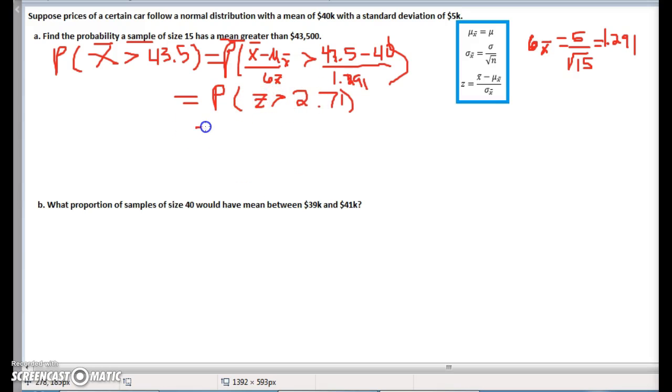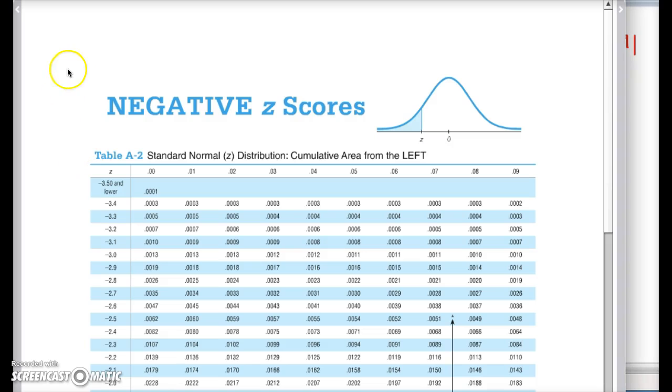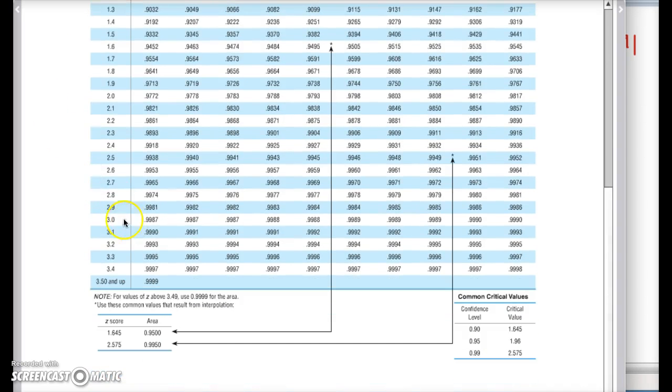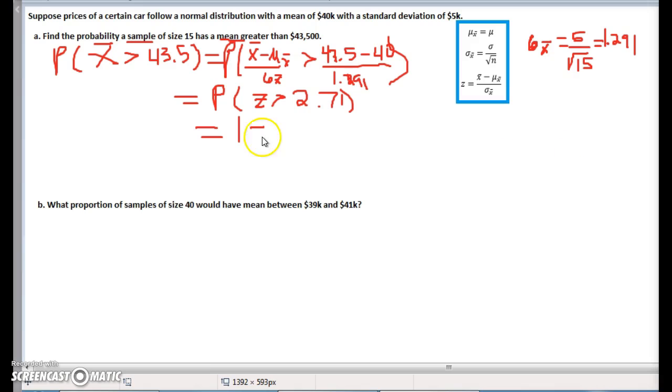So we do 1 minus what we find in the table for 2.71. So let's go to the positive side, 2.71, and that's 0.9966.